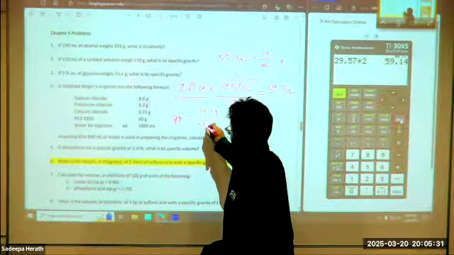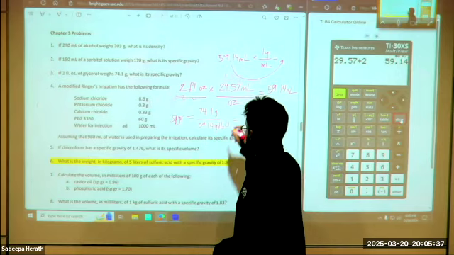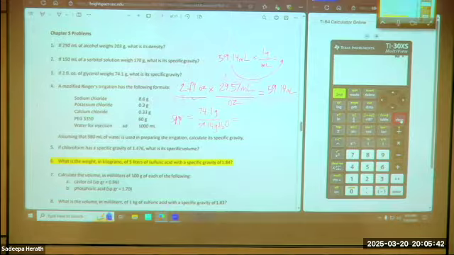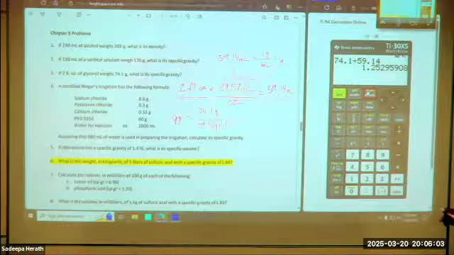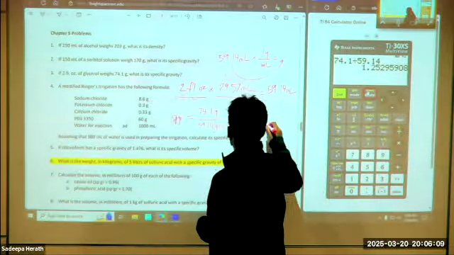So 59.14 grams of H2O. That's why we get that. So specific gravity, 74.1 divided by 59.14, equals 1.253.